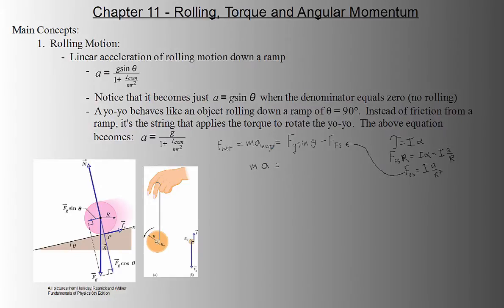So realize it's still the net acceleration down the ramp, but I'm just going to leave it as A. So MA is FG. Actually, let's turn this into MG right now.